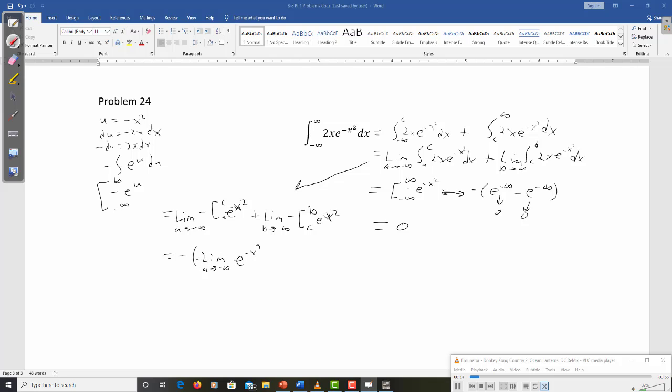Let's see, that's subtracted. I got my things in the wrong order, so then negative a squared, plus e to the negative c squared.